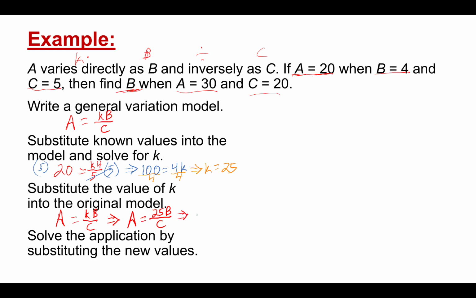I know A, it's 30, so I have 30 here. I also know I have 25B, B is what I don't know, and it's divided by C, which is 20.